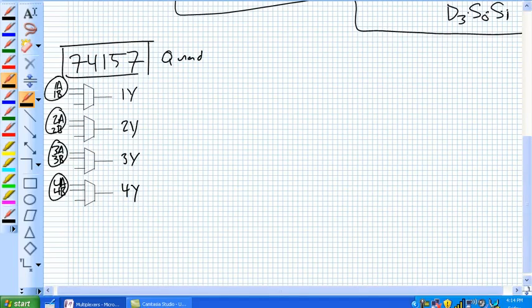Okay, so quad 2-input mux, and just like every multiplexer, a single output. And that's the 1Y, 2Y, 3Y, 4Y. Now this has 2 inputs, and 2 inputs only needs 1 data selection bit. So each one of these is tied to a single data select.